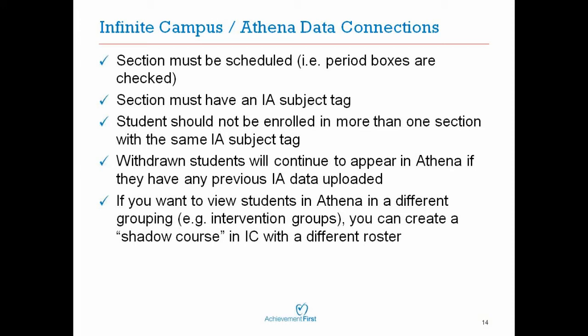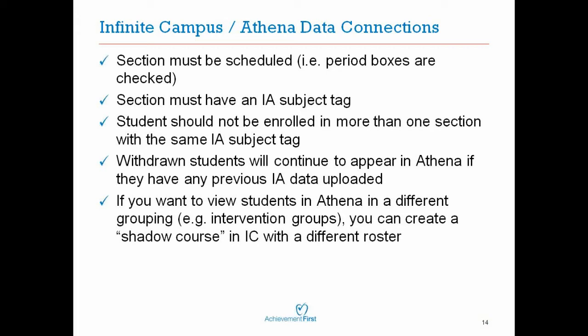And then we do frequently get requests where teachers or school leadership wants to view the students in Athena in a different grouping, for example, maybe in an intervention group or a special ed group. Athena groups students exactly how they are in Infinite Campus.